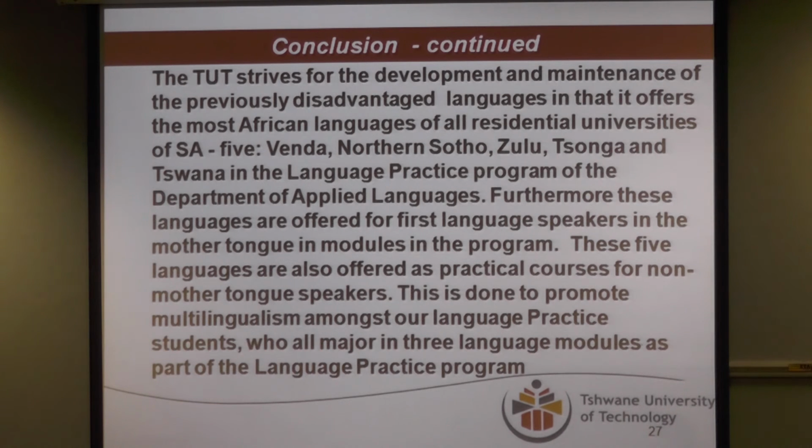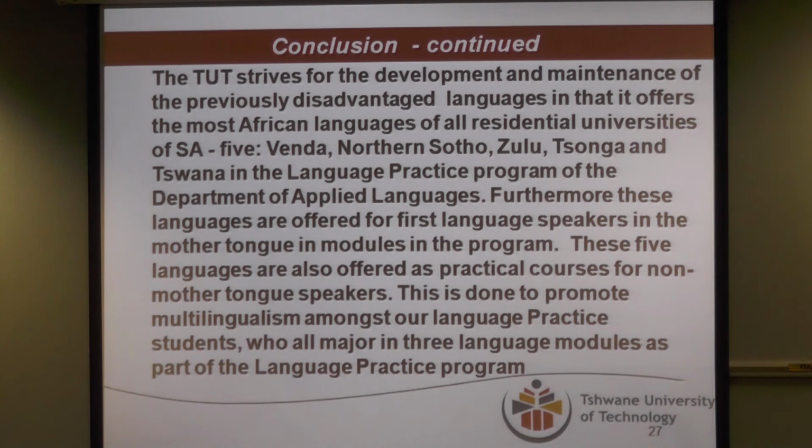At least I can say that this institution strives for the development and maintenance of the previously disadvantaged languages, in that it offers the most African languages of all residential universities in South Africa. We offer 5 languages: Tshivenda, Sepedi, isiZulu, Xitsonga, and Setswana in the language practice program of the Department of Applied Languages.